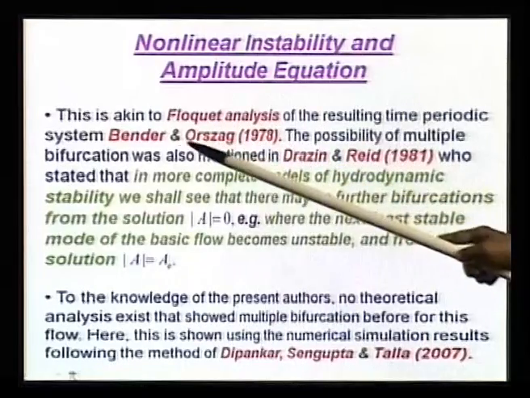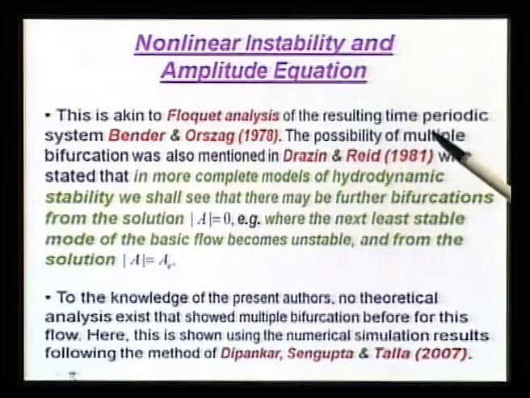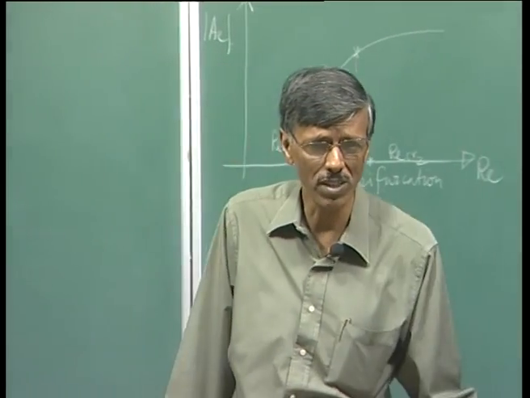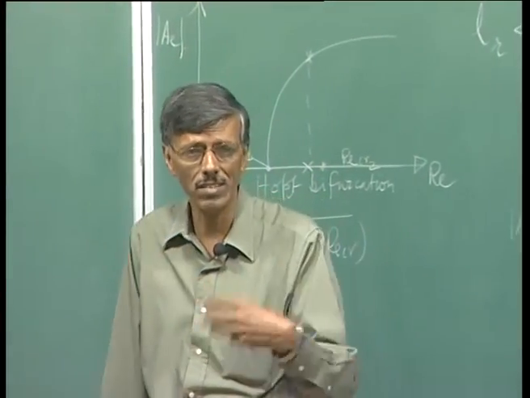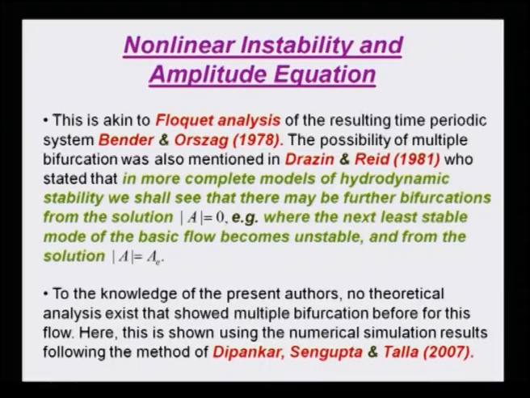You can see this book by Bender and Orszag that talks about instability of a time periodic system. It is a fairly decent way of looking at many time dependent systems in electrical engineering, when you are studying instability via ODEs. If you get a time periodic state, that state itself could be susceptible to further instabilities, and that is what is done.